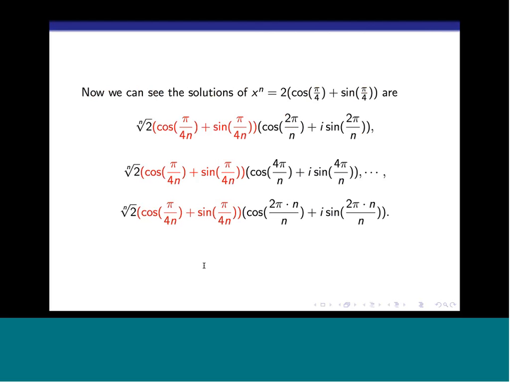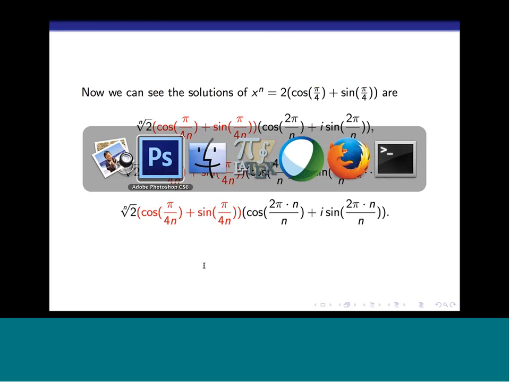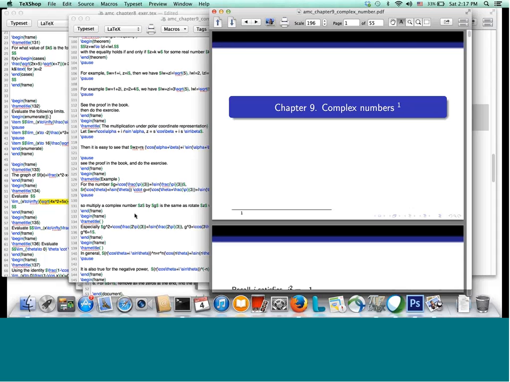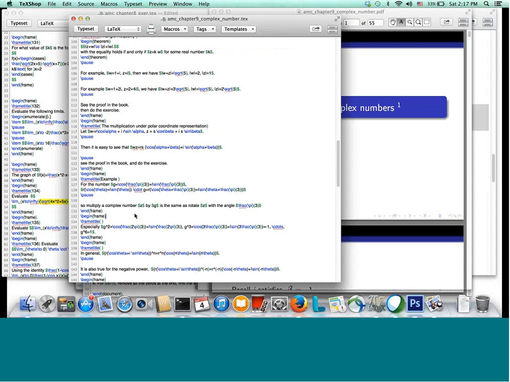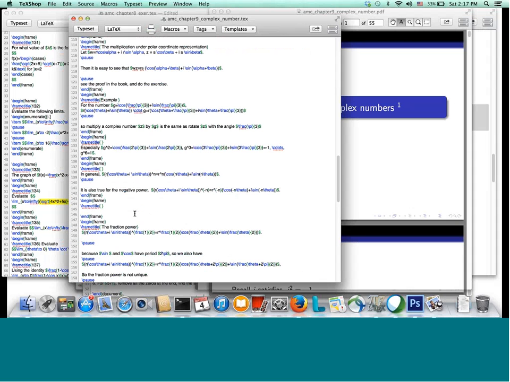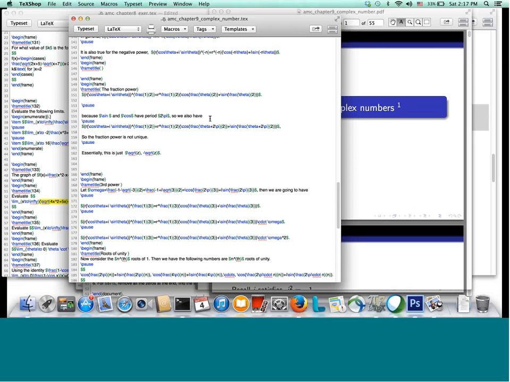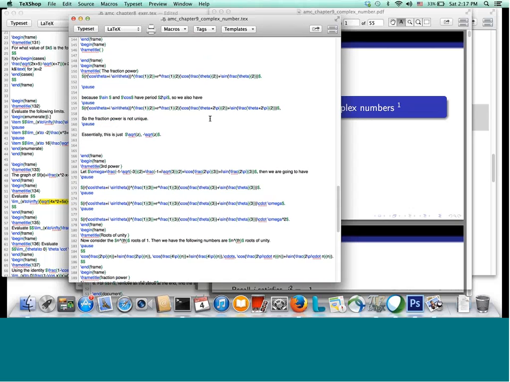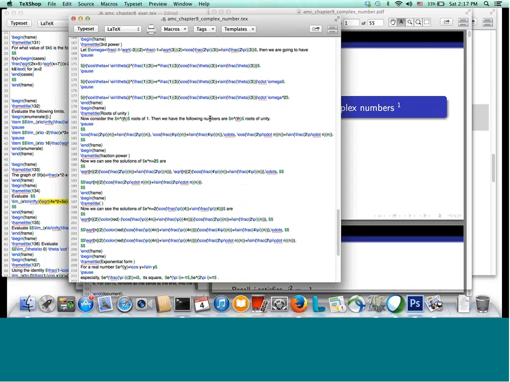How many solutions does x to the n equal to cosine pi over 4 plus i sine pi over 4 have? I'm missing a lot of i there. Every here is i.